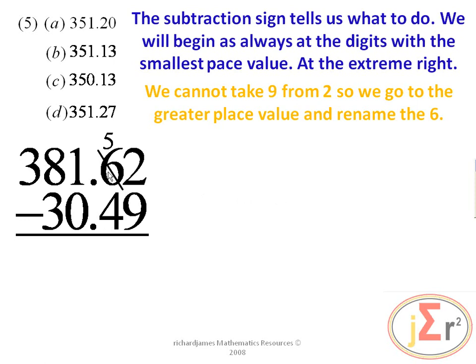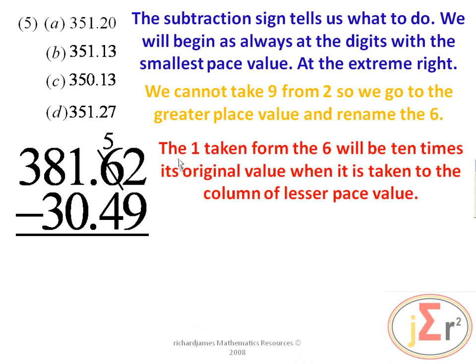And then when we take it here, what do we know? When we take the 1 here, what is going to be the result? Then the 1 taken from the 6 will be 10 times its original value when it is taken to the column of less place value.